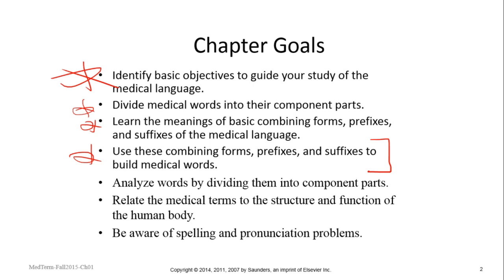Being able to analyze words by dividing them into component parts, relate the medical terms to the structure and function of the human body, and also, this is a key one here, to be aware of spelling and pronunciation problems.